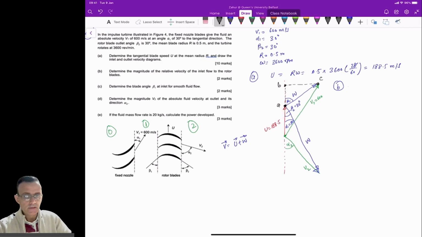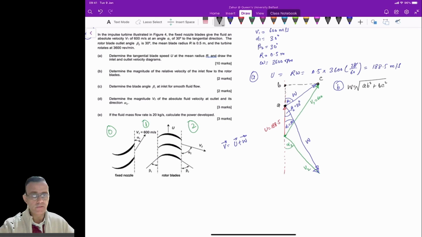So this W is equal to AB square plus BC square under the root. So from the diagram, you can see that because V1 is given, this angle is given, this U is given. So you can calculate this AB.